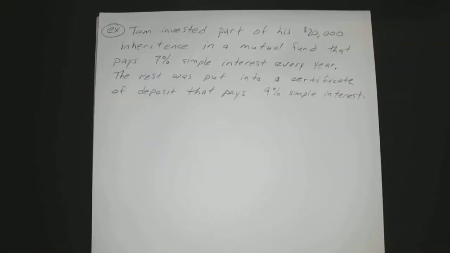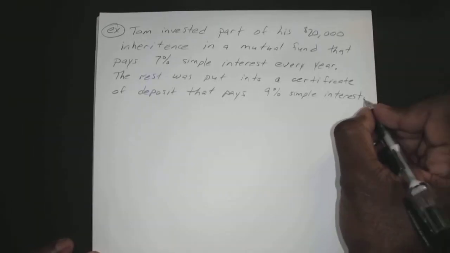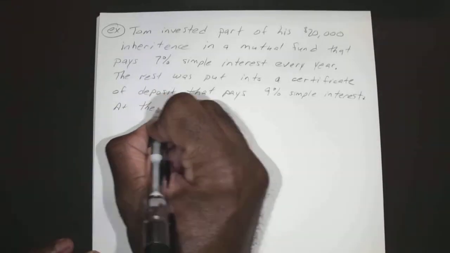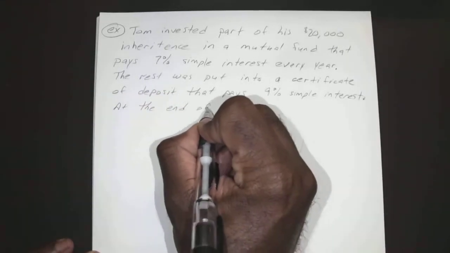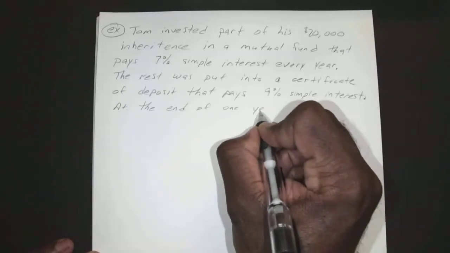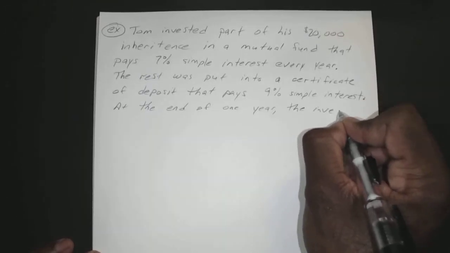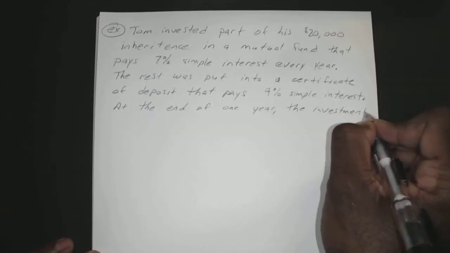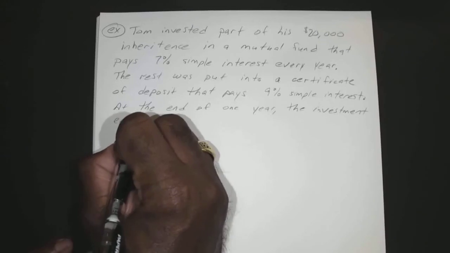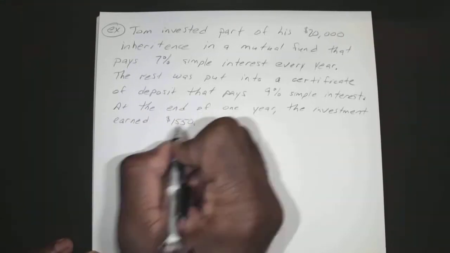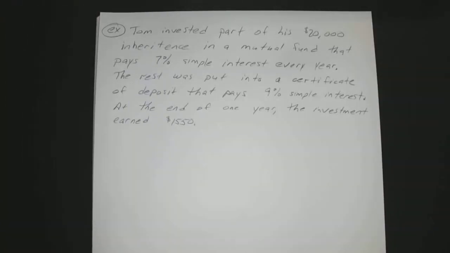At the end of 1 year, the amount of interest he made was $1,550. Then you want to find the amount he invested in the 7% and the amount in the 9%.